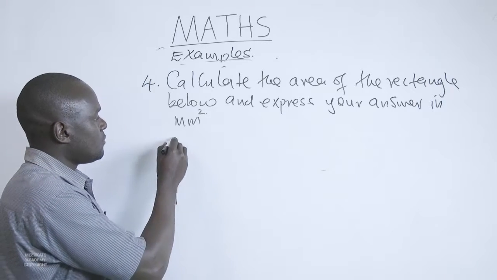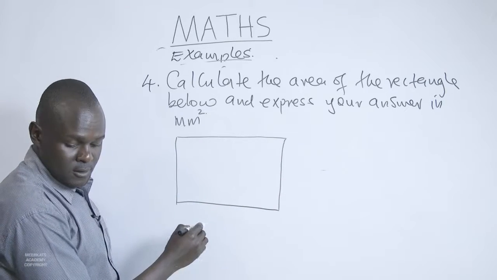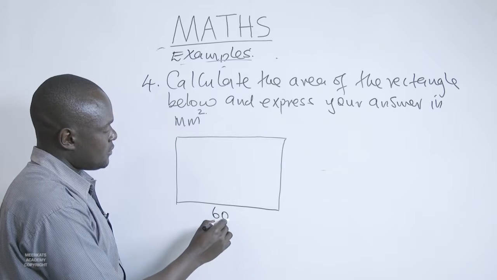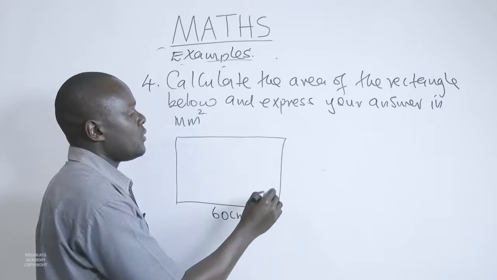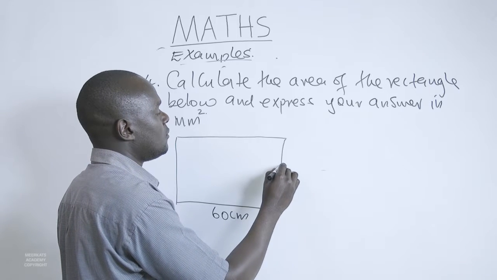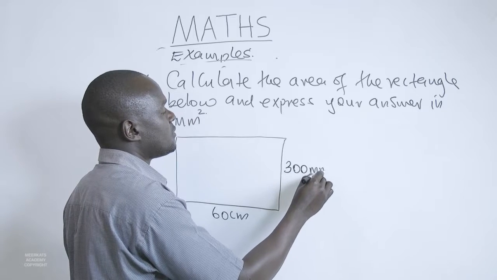The rectangle is here. The length of this rectangle is 60 centimeters, while the width is 300 millimeters.